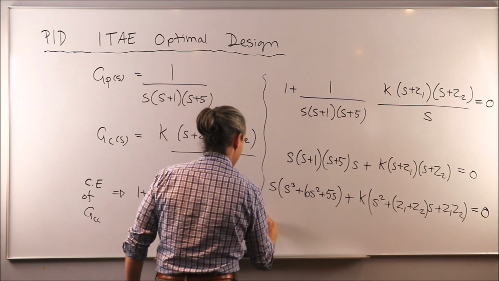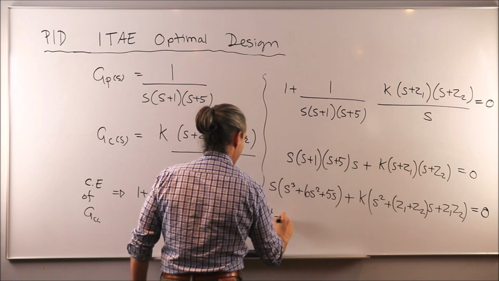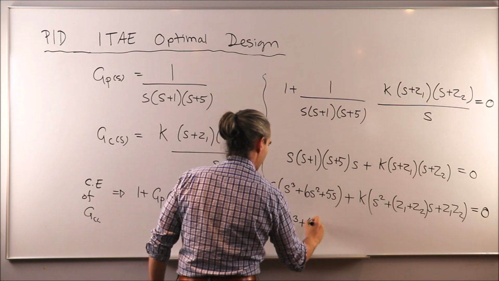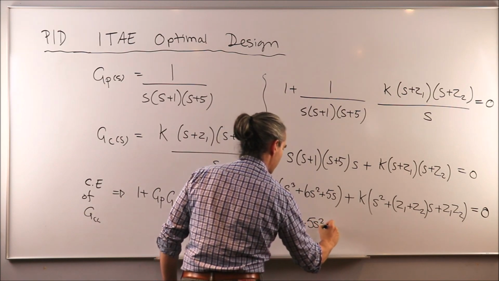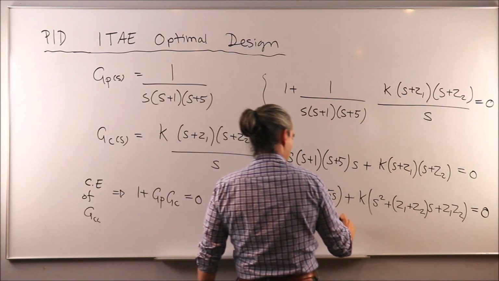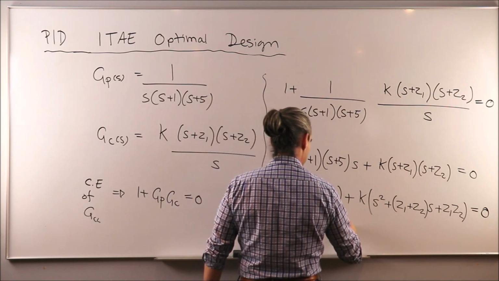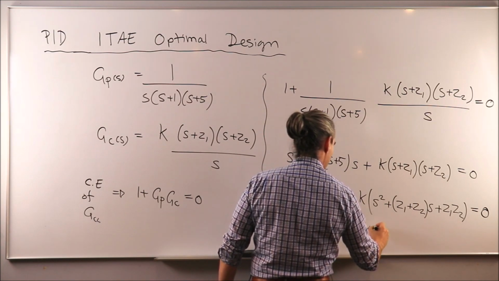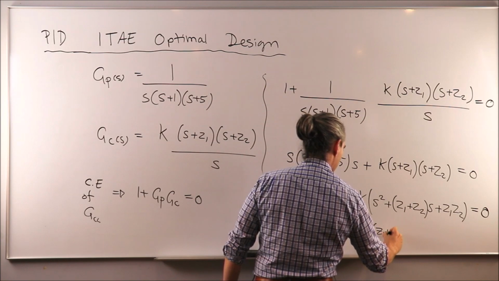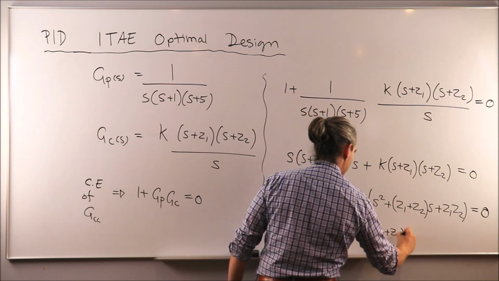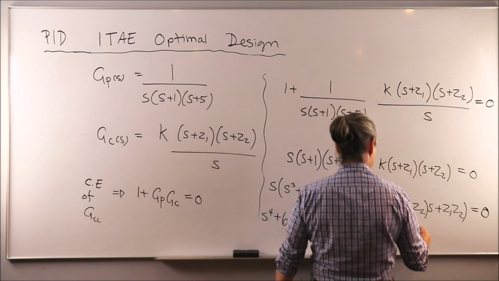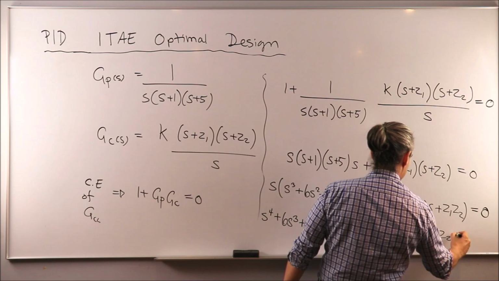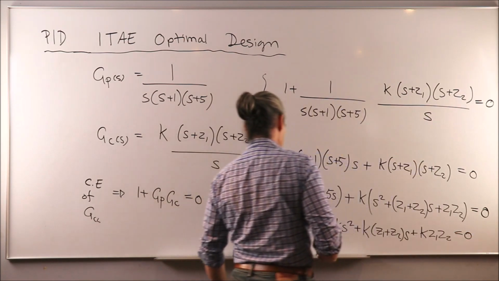And here we're going to get s to the power 4 plus 6 s cubed plus 5 s squared, plus k s squared plus k (z1 plus z2) s, and then plus k z1 z2 equal to 0.